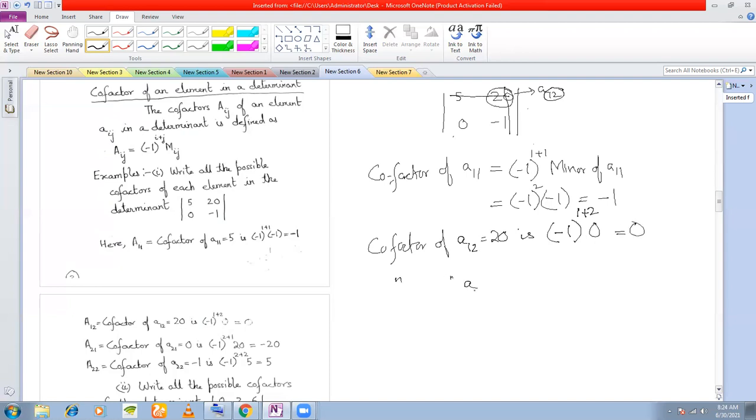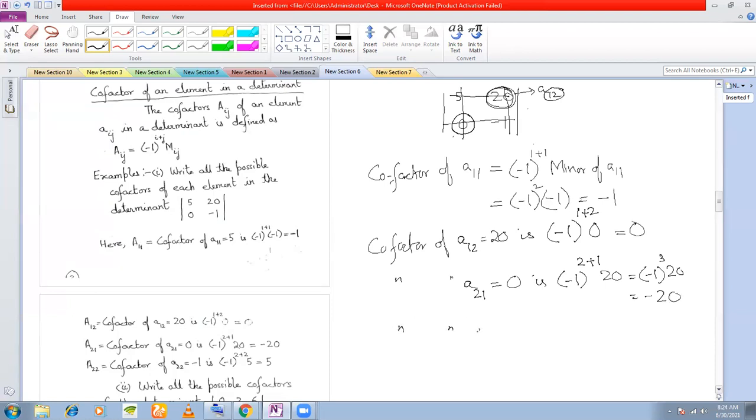Now if I want to evaluate the cofactor of A21 equal to 0, that is, the cofactor of this element, it is -1 to the power of second row, first column, into the minor of this. So you hide this row and this column. What are you left with? 20. So you get -1 cubed into 20, which is -20.